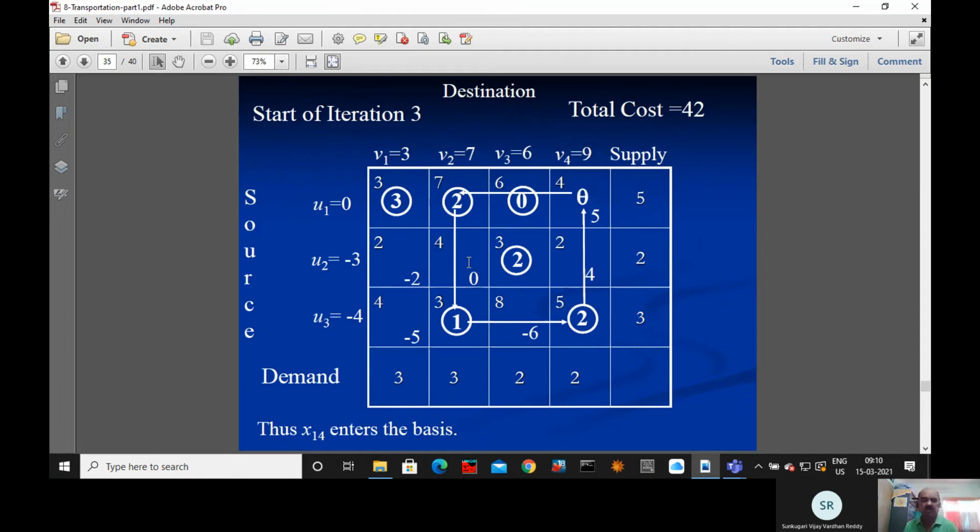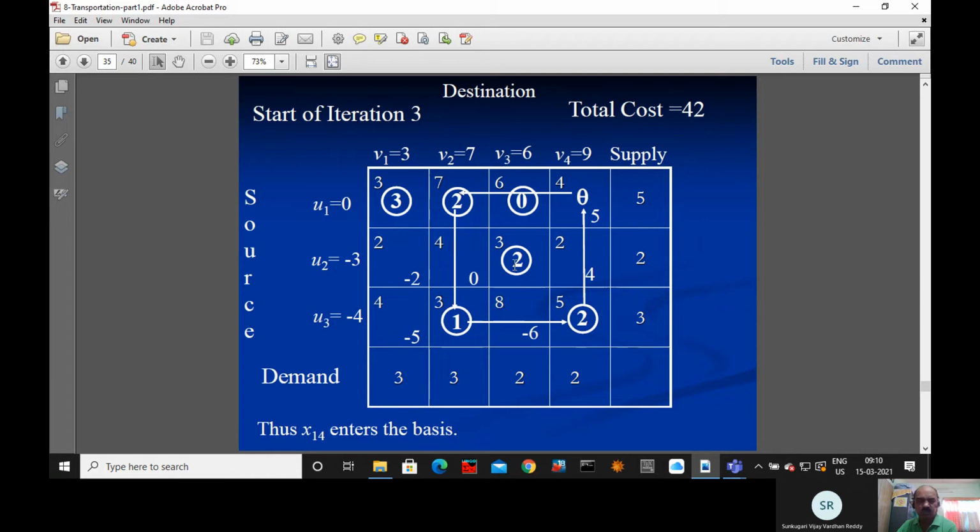So what do we do further? So this is not optimal, the earlier solution whatever we have seen. So in this case, we have to again check what are the allocations. 3, 2, 0 in the first row, which I encircled.